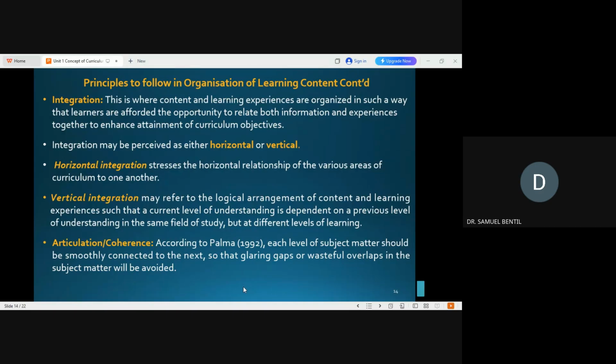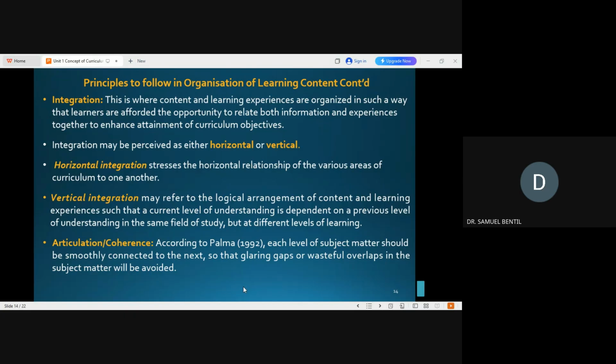Then the last one, which is articulation or coherence.